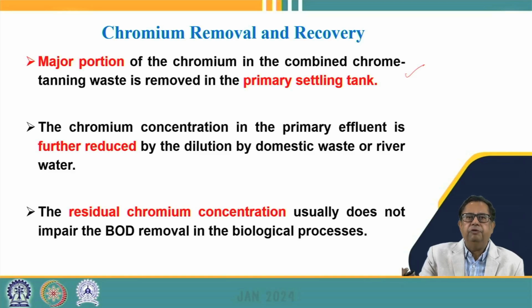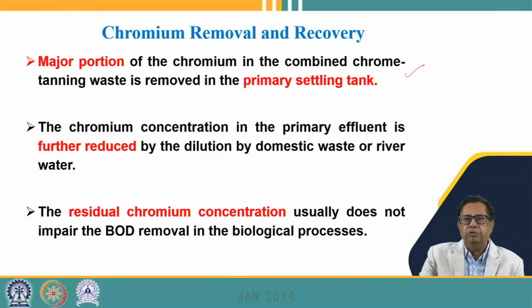And similarly, when we are treating the wastewater using the primary sedimentation tank in a combined chrome tanning wastewater, the chromium concentration is reduced in the primary sedimentation tank, which may further be reduced when we go for dilution by using domestic wastewater. As we have seen, when we are treating the wastewater by using biological methods like the activated sludge process, we can have the combined treatment where the domestic wastewater may be treated along with the tannery wastewater.